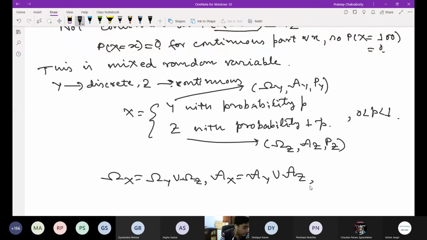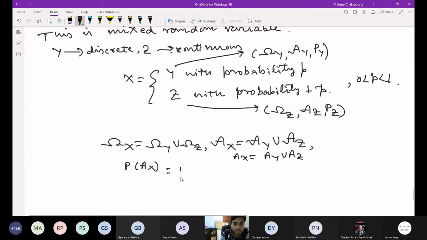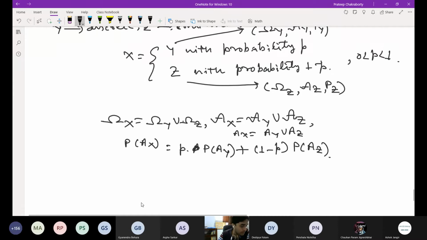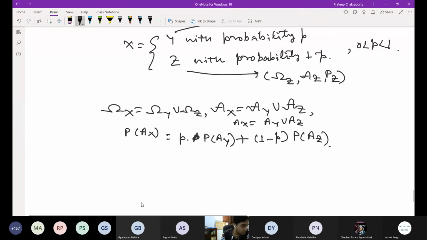For any event A of X, this is A_Y union A_Z, which can be considered as disjoint, so the probability is p times P(A_Y) plus (1 minus p) times P(A_Z). Because this is neither a discrete nor a continuous random variable, we cannot define a density function.